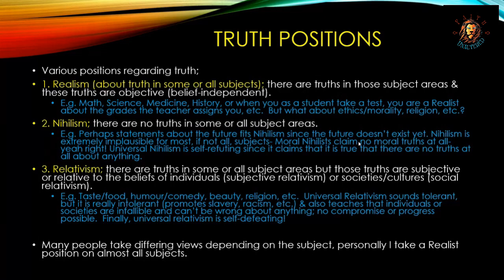But not only do you have to say there are truths, you also affirm that these truths are objective, meaning they're belief or person independent. They correspond to objective facts of reality, right? So you can see the correspondence model fits best with realism there. But yeah, that's what realism is. It has those two aspects. Number one, it affirms there are truths. Number two, it affirms those truths are objective in nature.